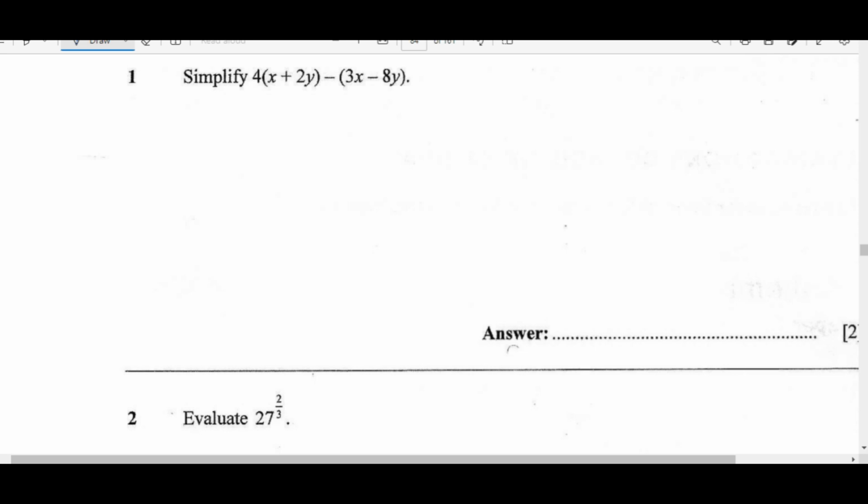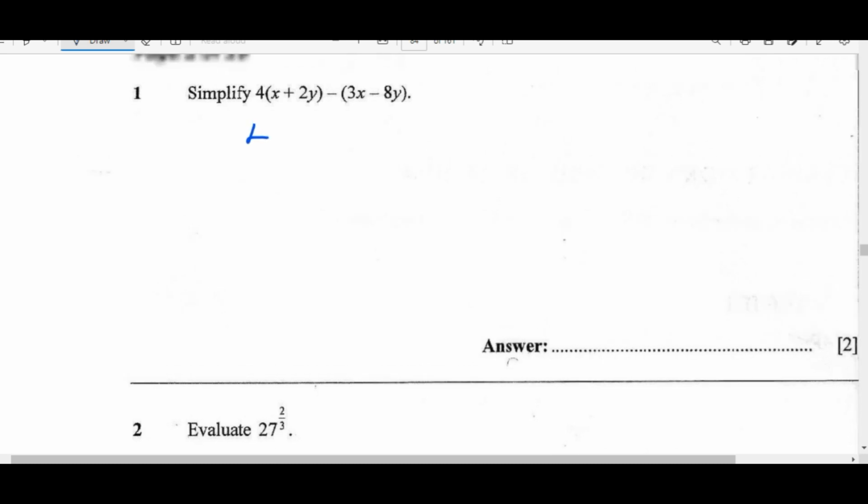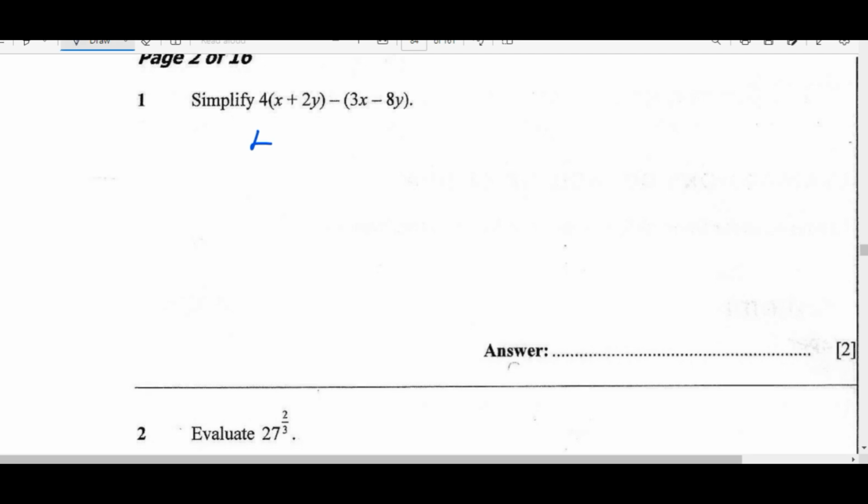In this case, first of all, you multiply the 4 with everything in the brackets. 4 times x gives us 4x, 4 times 2y gives us 8y, and then minus 3x.